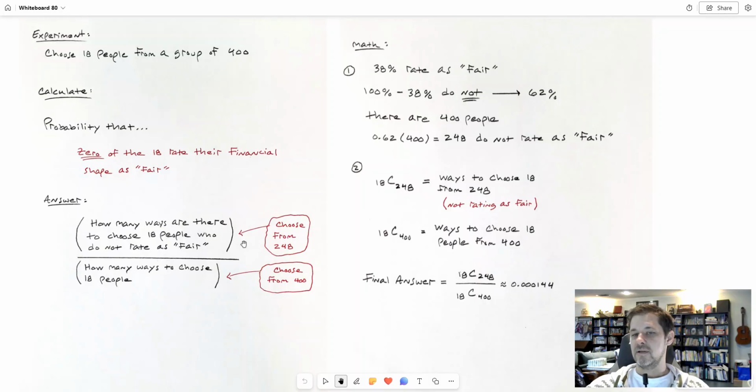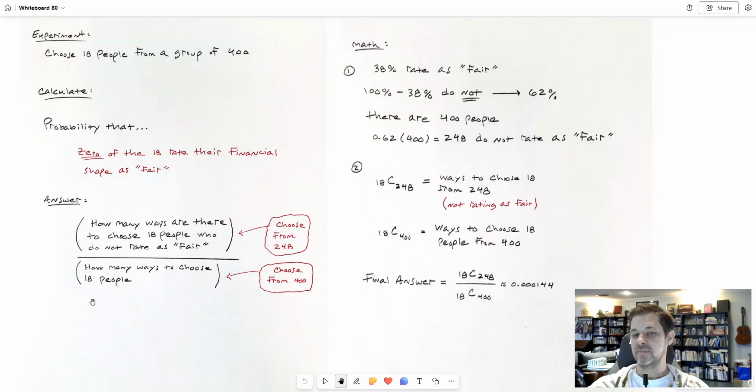So this top number here, how many ways there are to choose 18 people from the group of 248 who don't rate their financial shape as fair, is 248 choose 18. And we can use a calculator to figure this number out, but I'll save it for the end.